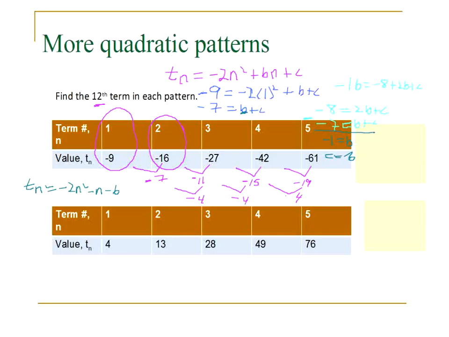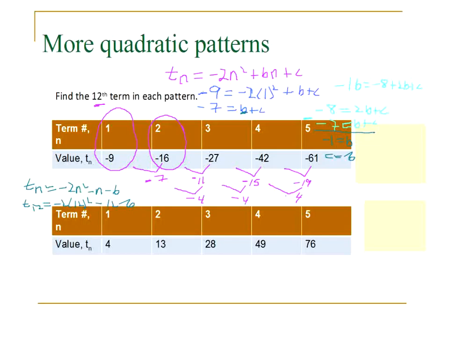Now I can plug in n equals 12 to find the 12th term. So negative 2 times 12 squared minus 12 minus 6. 12 squared is 144.